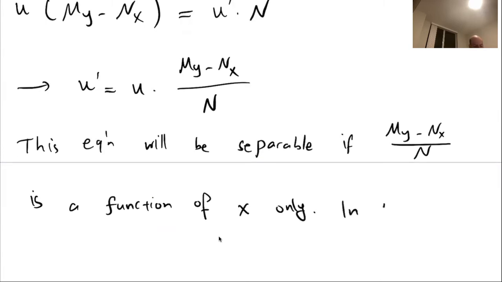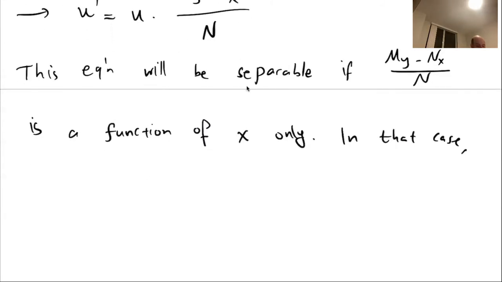In that case, again, this expression here does not have to be a function of x only. But if it is a function of x only, that's good news for us, and we can view this equation as a separable equation. This is du/dx. I can take all u's to one side and all x's to the other side.